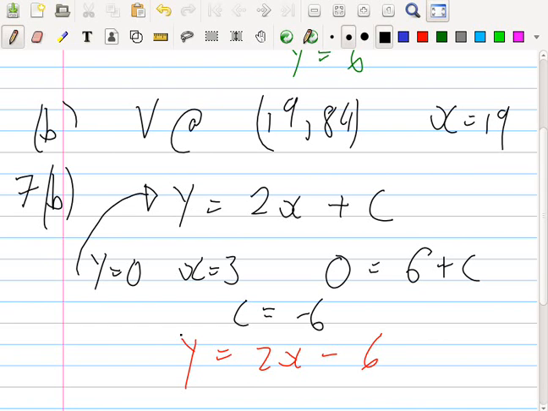Okay, I'll just give you a minute to write that down and then we'll look at the next question. Yes? Really? It's kind of the same. Which part is confusing you? Okay, so I'll do an example for you.